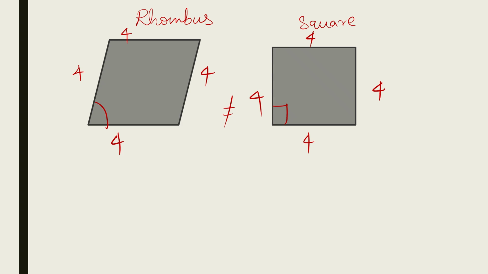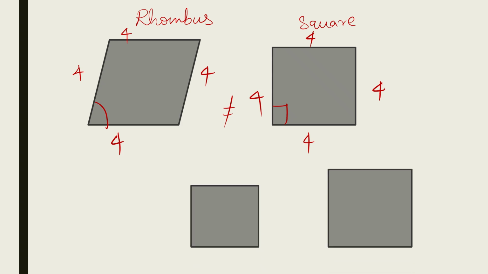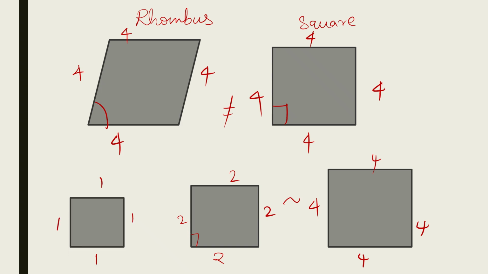And there is another criterion. Consider these two figures: a square of side 2, and here a square of side 4. These two are similar. And similarly, there is another square of side 1 centimeter.